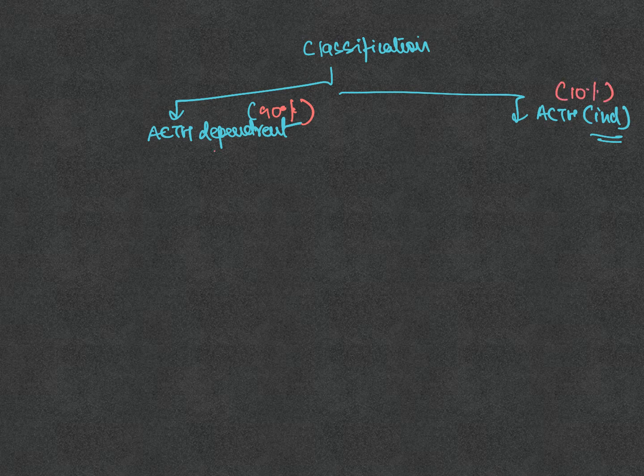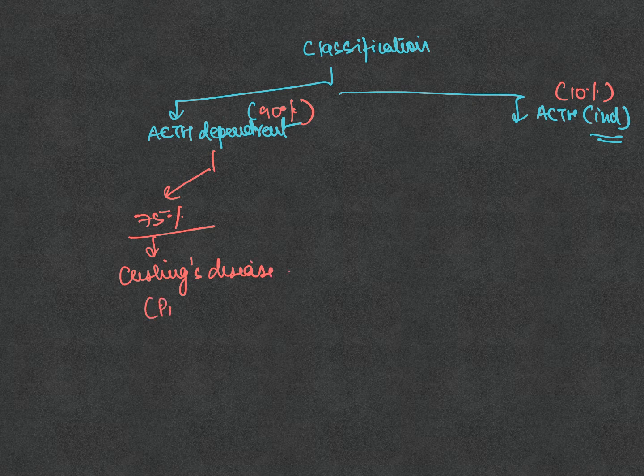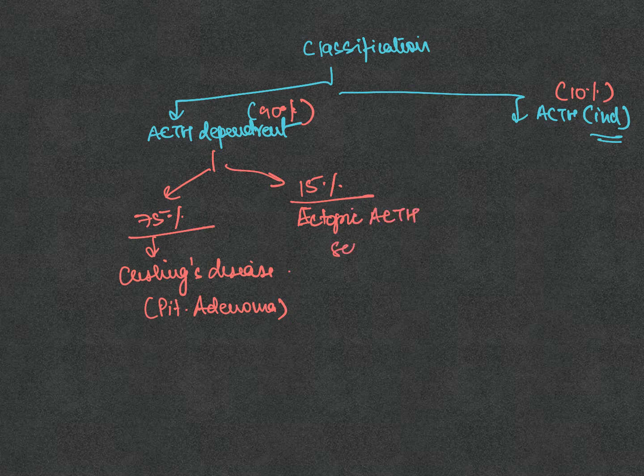Now among the 90%, 75% is Cushing's disease. It is pituitary adenoma. Okay. While 15% is going to be ectopic ACTH secretion.